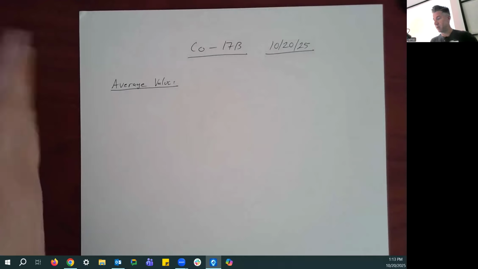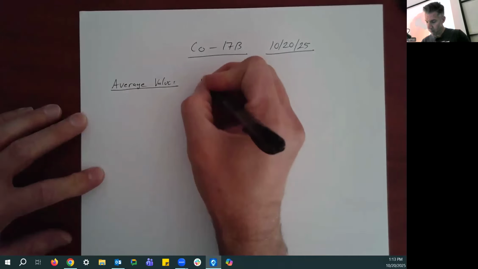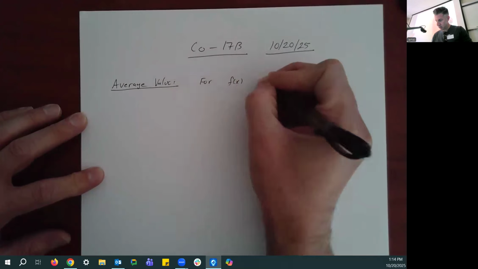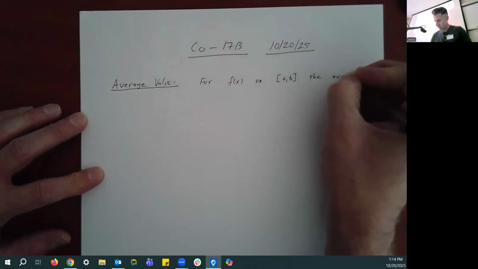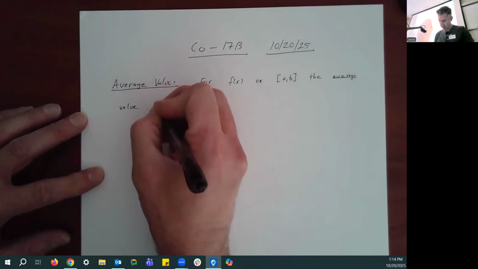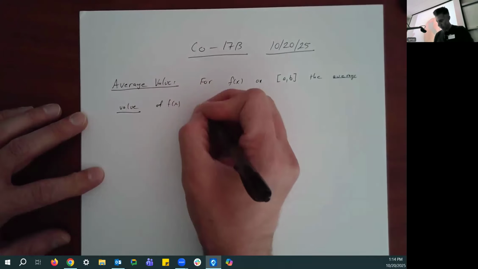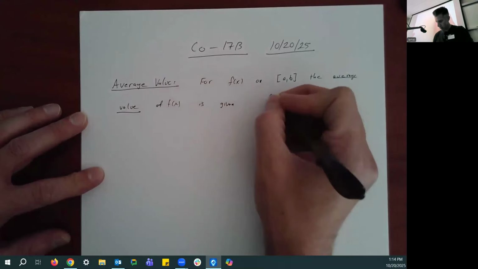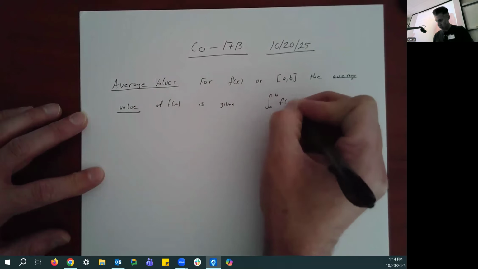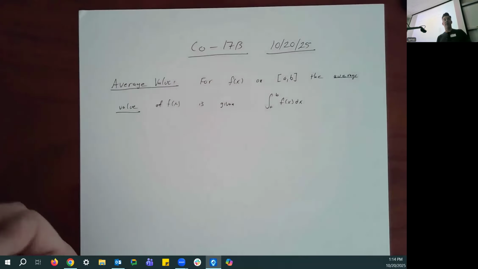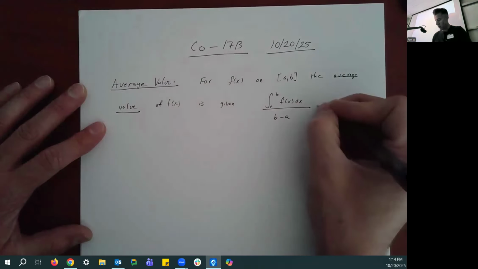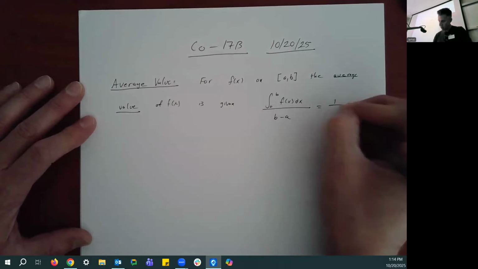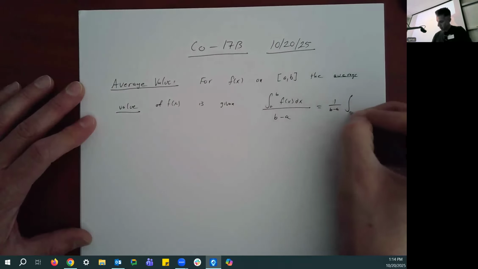It's really easy to calculate. Here's how we calculate it. For f of x on some interval from a to b, the average value of f of x is given by the integral from a to b of f of x, aka the area under the curve, divided by the width, divided by b minus a, or more nicely written as 1 over b minus a times the integral from a to b.